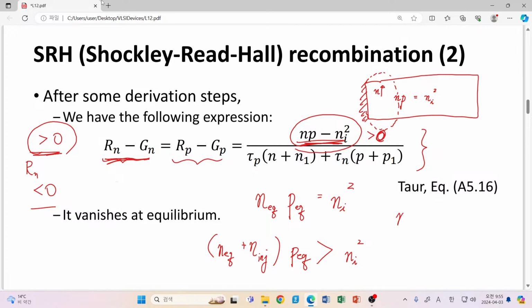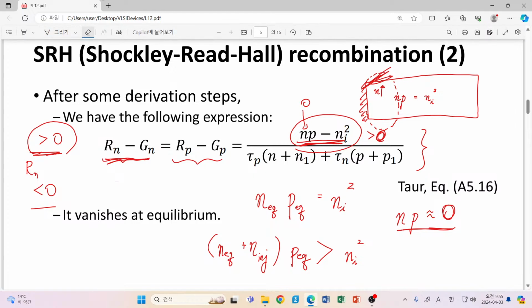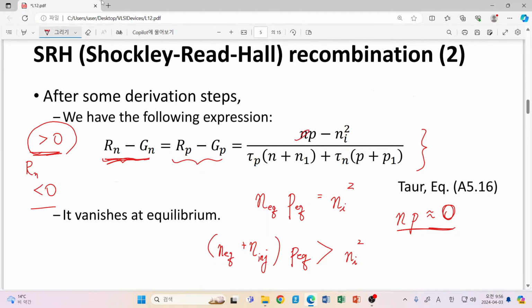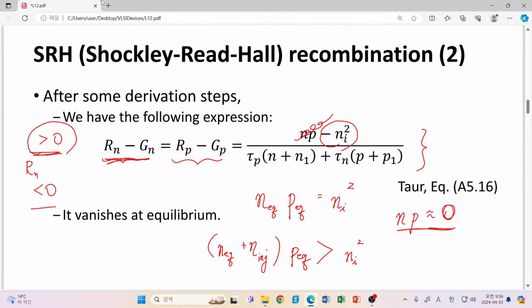By some way, your NP product is almost close to 0. Now let's consider this case. If this one becomes quite small, then we can neglect this NP product compared with Ni squared. Then this one goes away and we only have the minus Ni squared term, and net recombination becomes a negative value.